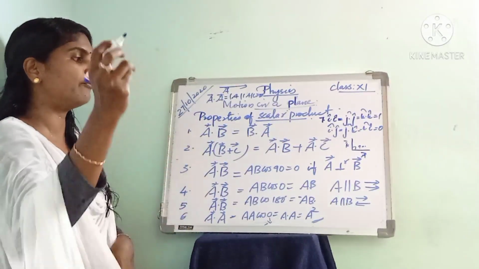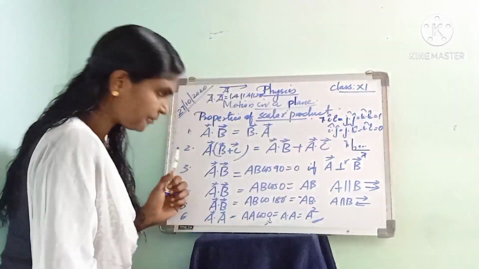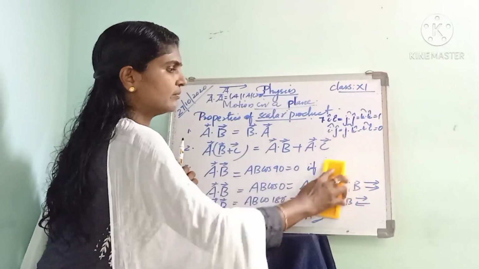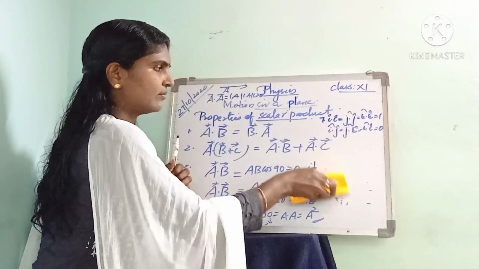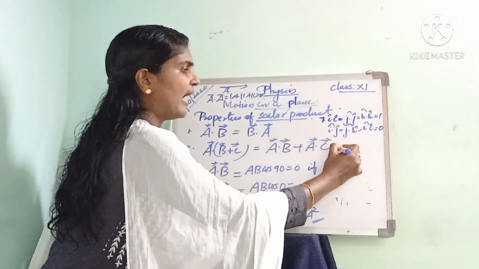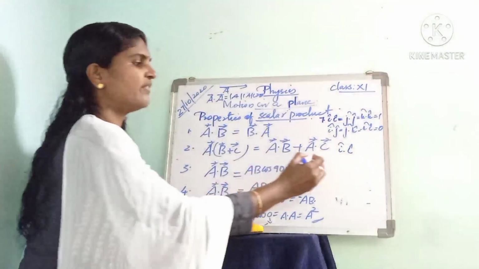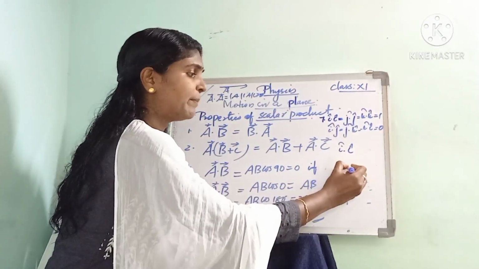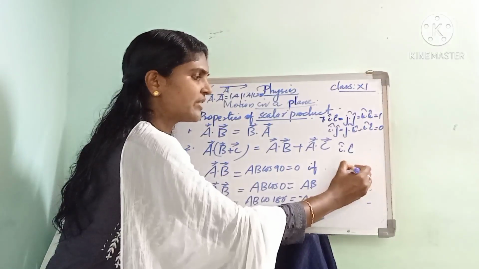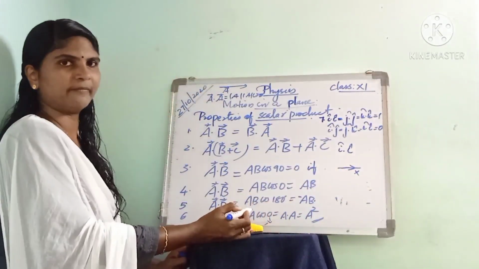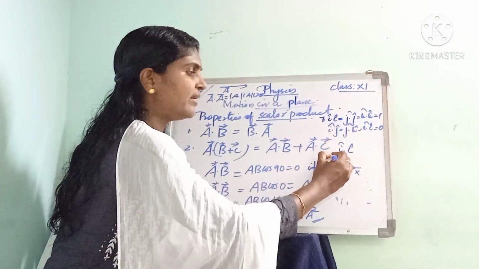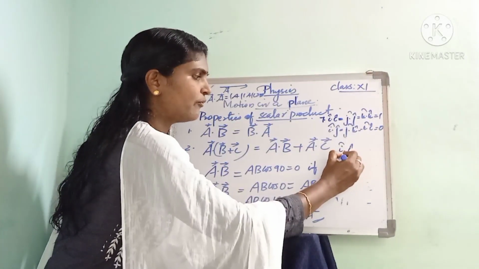How do we get the value as 1? Here we'll take the first one, I dot I. It is a unit vector that represents the positive x direction.